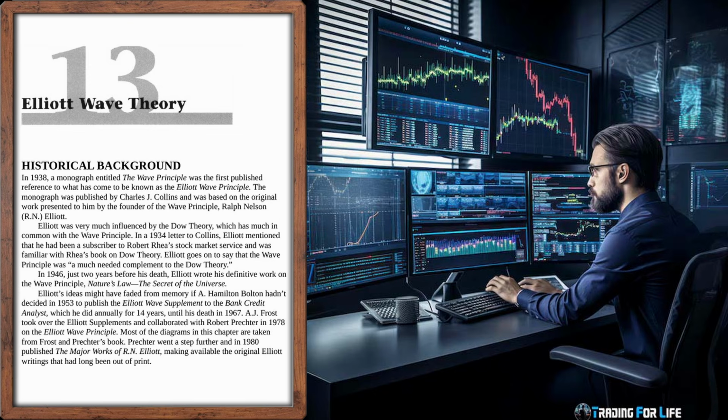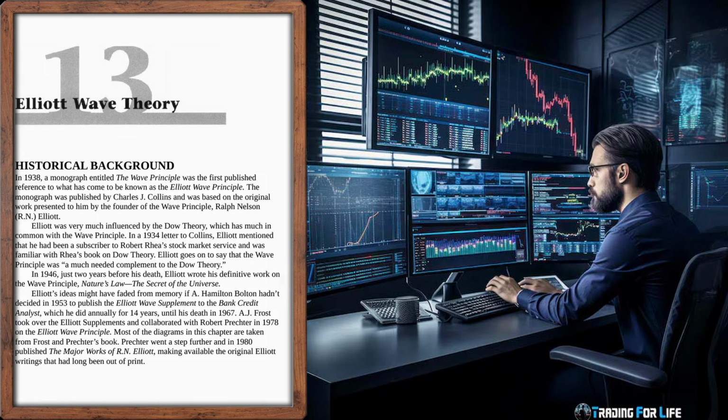A.J. Frost took over the Elliott Supplements and collaborated with Robert Prechter in 1978 on the Elliott Wave Principle. Most of the diagrams in this chapter are taken from Frost and Prechter's book. Prechter went a step further and in 1980 published the major works of R.N. Elliott, making available the original Elliott writings that had long been out of print.